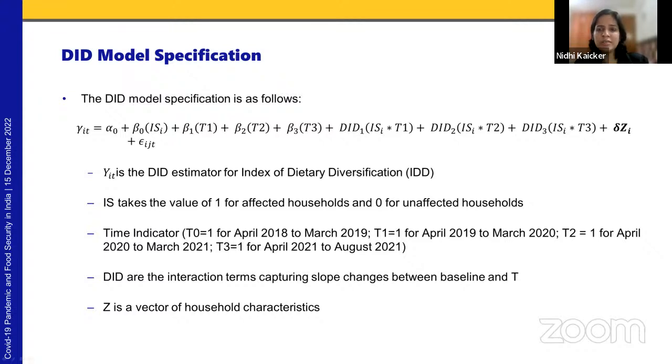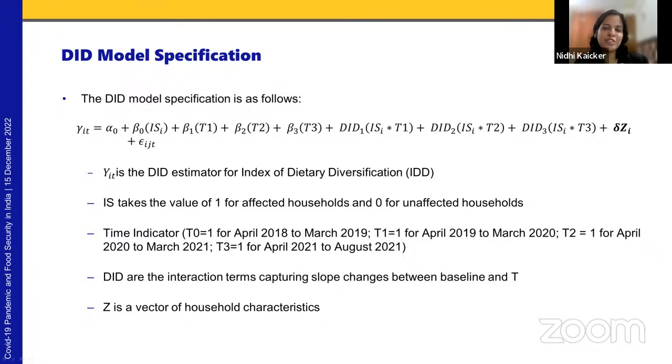The interaction terms DID 1, 2, and 3 capture the slope changes in outcome between the baseline and the respective time periods. And DID 1 is actually a test of parallel trend assumption. Now, while T2 captures the slope change between baseline and the pandemic year, DID 2 captures the departure of this slope for the intervention group.